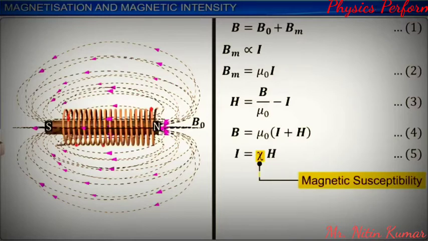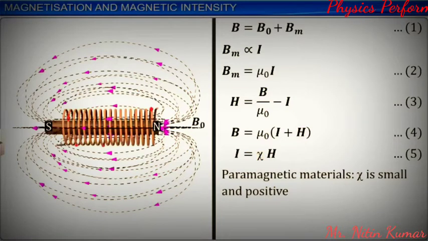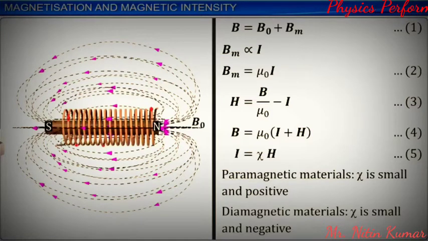Substituting equation 5 in equation 4, we get the total magnetic field inside the material, B, is equal to mu naught into chi H plus H. That is, B is equal to mu naught into 1 plus chi into H. Let this be equation 6.